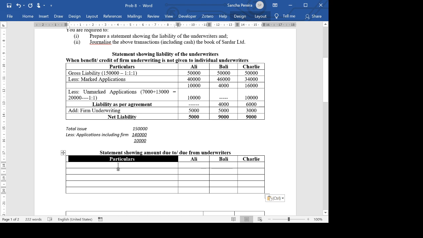Okay. So like I said, this statement starts with the answer of the previous statement. So I say number of shares to be subscribed by the underwriters. So in case of Ali, it is 5,000. Here it is 9,000 and here it is 9,000. So I close this.